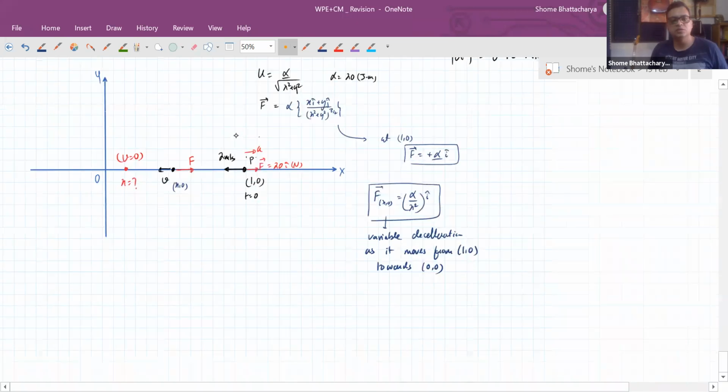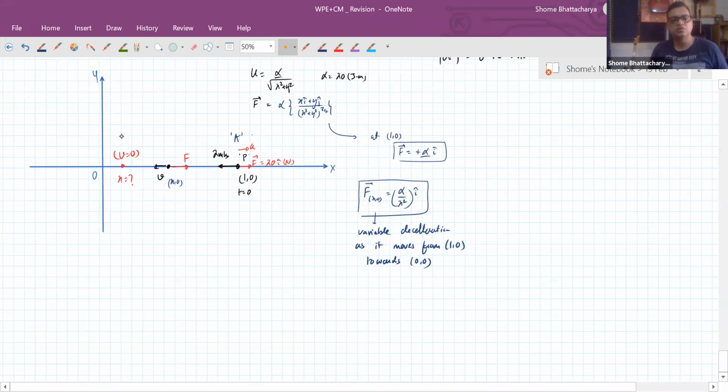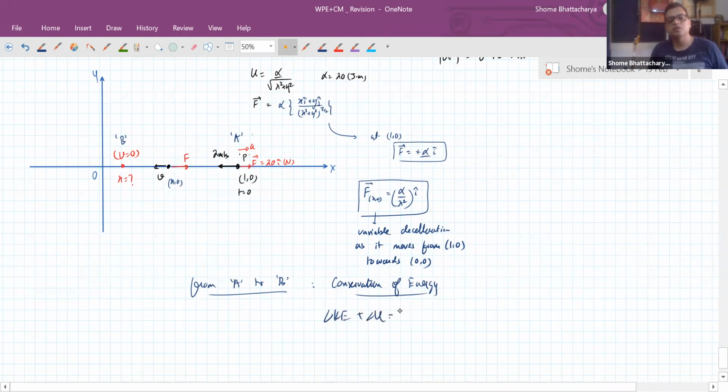Let's say this initial position is our A, and this position where it stops is B. So from A to B, if we apply work energy theorem or conservation of energy, we have change in kinetic energy plus change in potential energy should be 0.